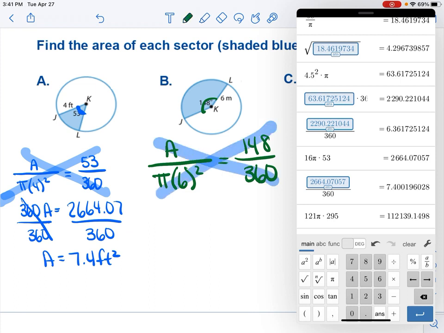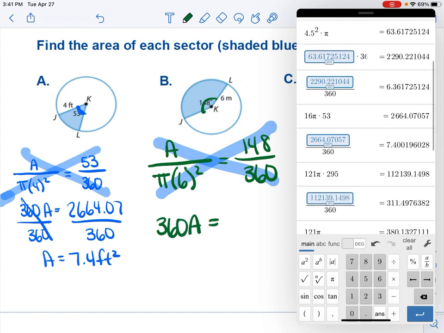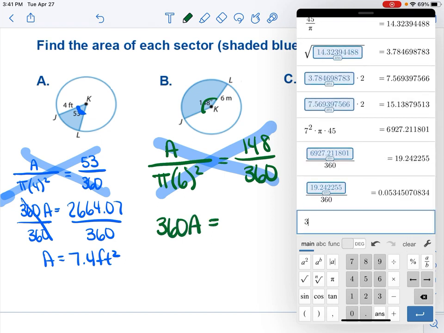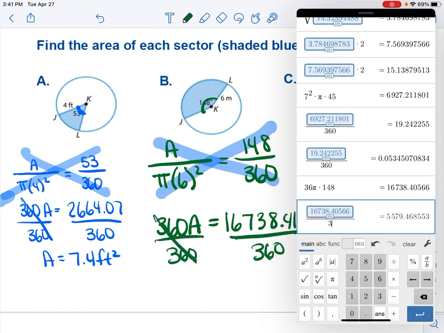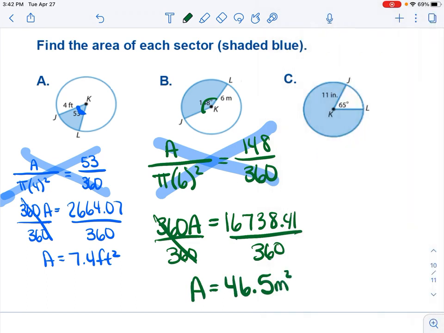Cross multiply. 360a is equal to 36 times pi times 148. Go ahead and divide by 360. And we get 46.50 millimeters squared.